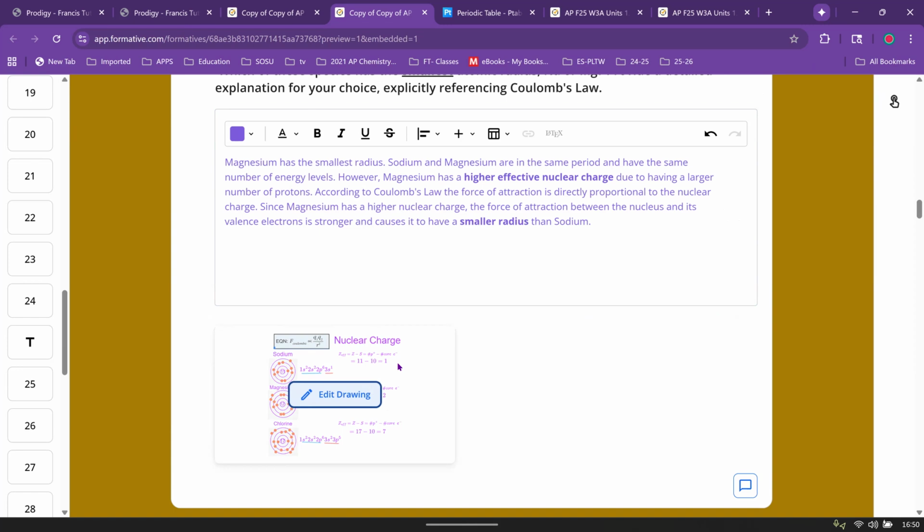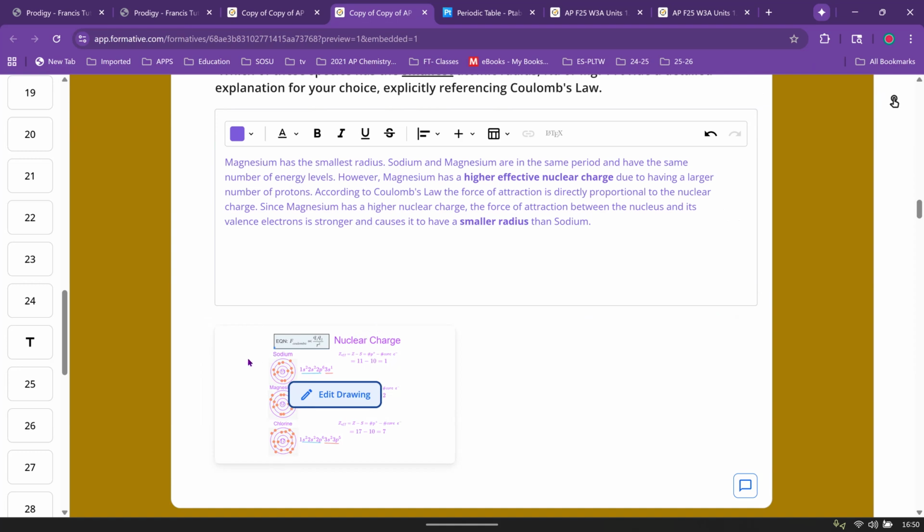How does that affect the radius? Since magnesium has a higher nuclear charge, the force of attraction between the nucleus and its valence electrons is stronger. And if that force of attraction is stronger, it's going to pull all of those electrons in closer to the nucleus, making it have a smaller radius than sodium.